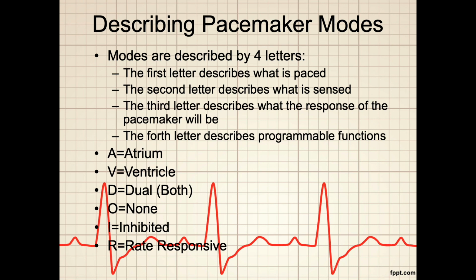The third letter describes what the response of the pacemaker will be, while the fourth letter describes any programmable functions. And letters used to describe include A for atrium, V for ventricle, D for dual or both, O for none, I for inhibited, and R for rate responsive.